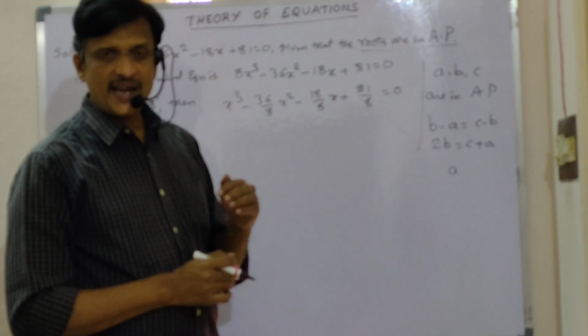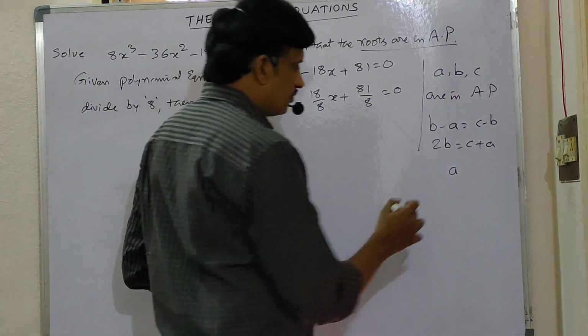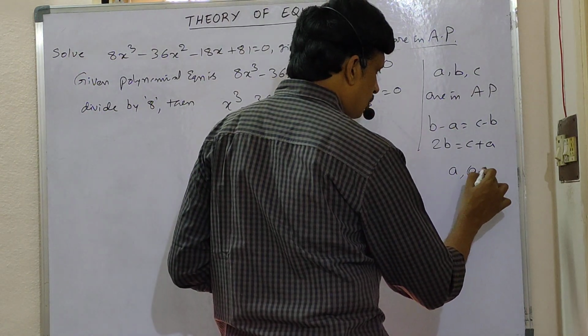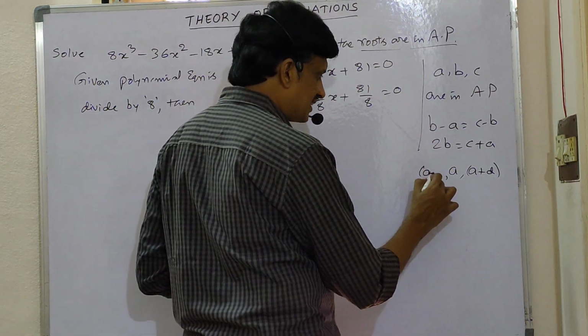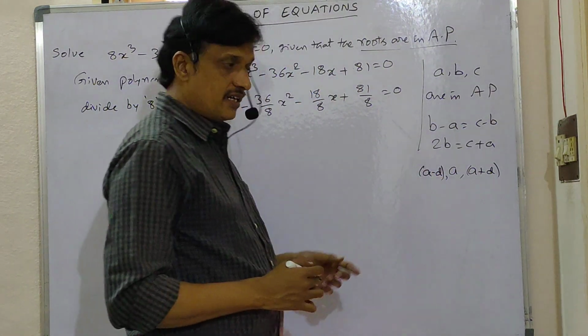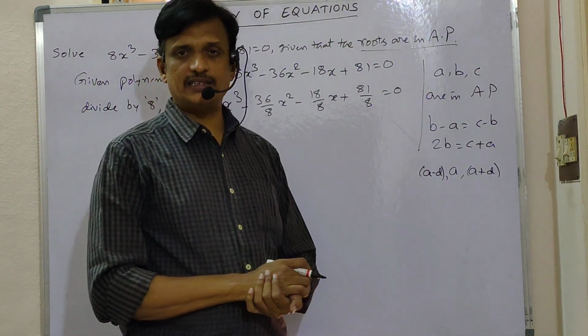Arithmetic progression means by adding a fixed common difference, you will get the next term. So after this A, the next root will be A plus D, and to obtain the preceding one, subtract the same difference, that is A minus D. If you choose the roots like this, it is easy to calculate.